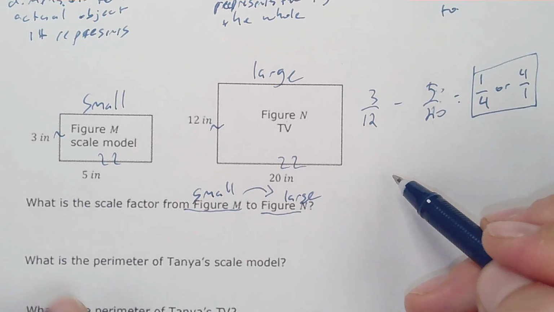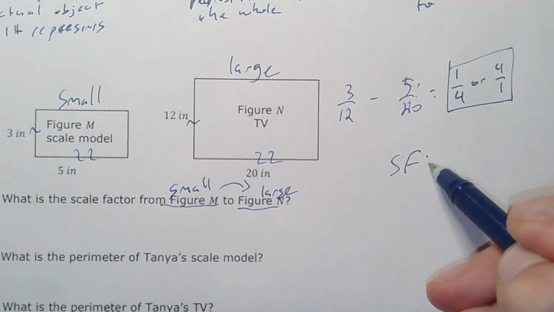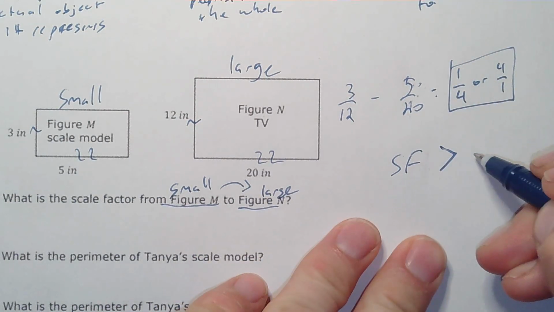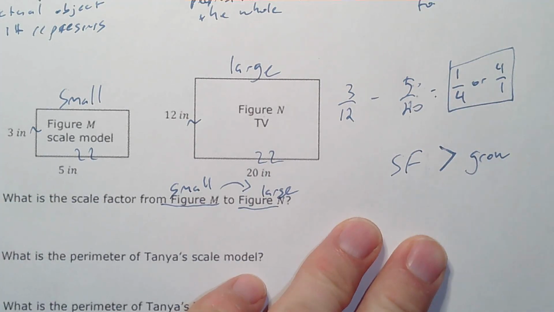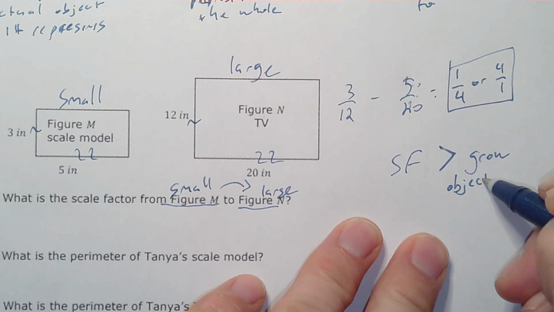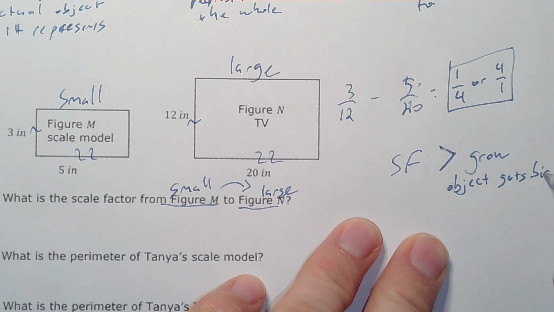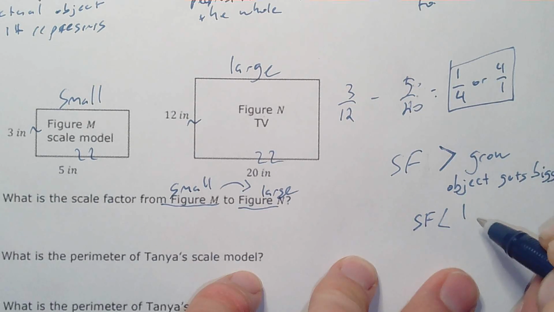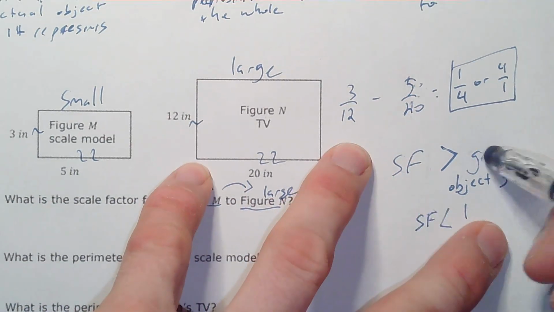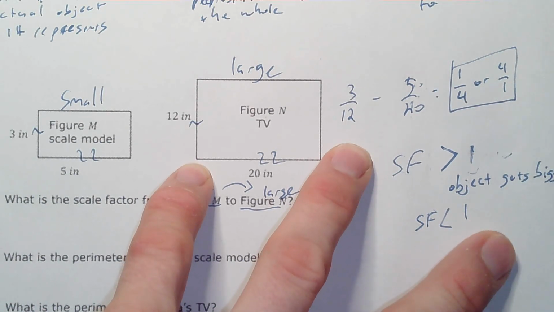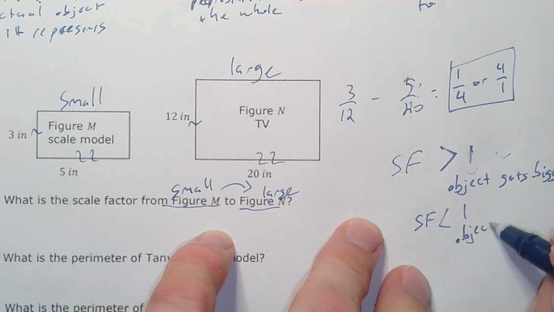So if my scale factor is greater than 1, it's going to grow my object. The object gets bigger. If my scale factor is less than 1, the object gets smaller.